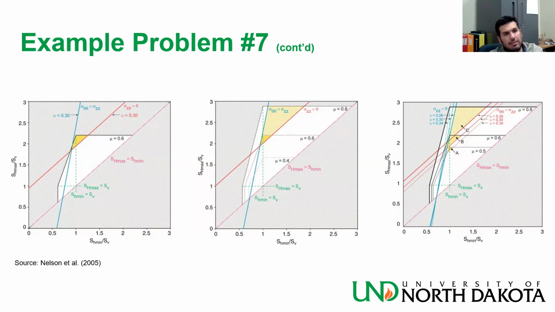Now, from a diagnostic perspective, I want the yellow region to be as small as possible, because that's what I will use to constrain my SH max. I'm going to read that from the vertical axis on the right, okay? And this is what you are also going to do in the homework.